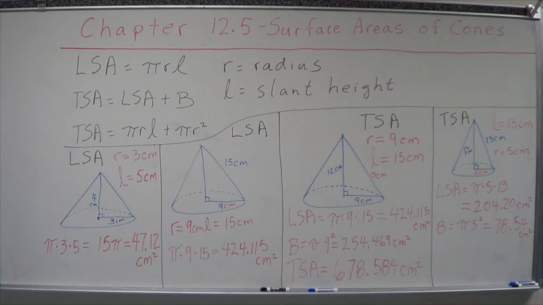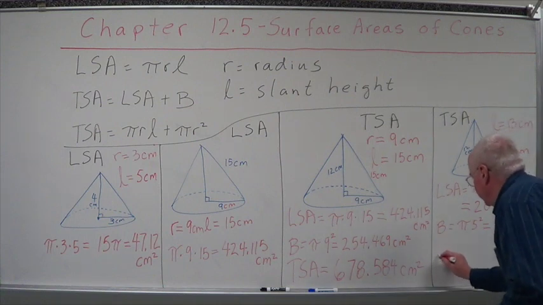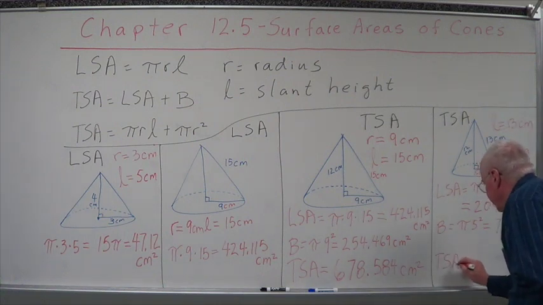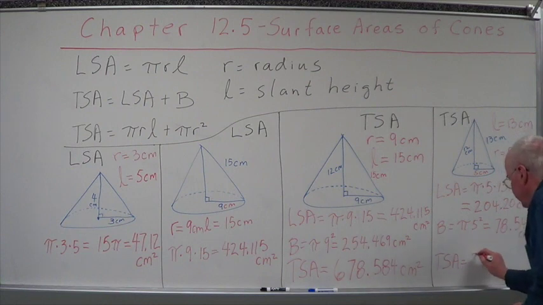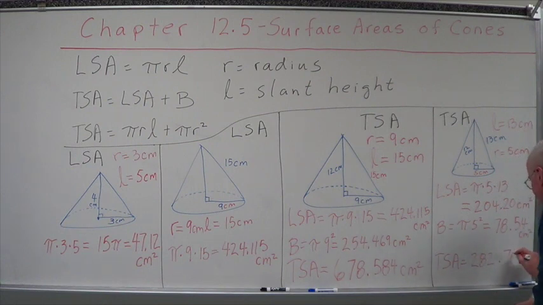Add those two together and we would get total surface area equals 282.74 centimeters squared. Okay? Alright, so there we've got some samples of doing lateral surface area of cones, couple, and doing total surface area.